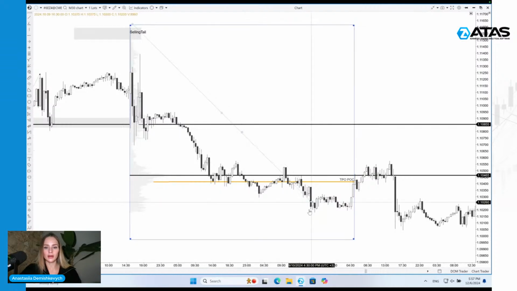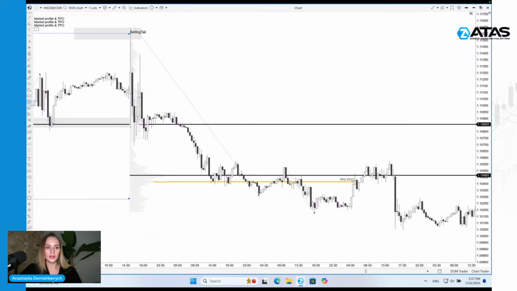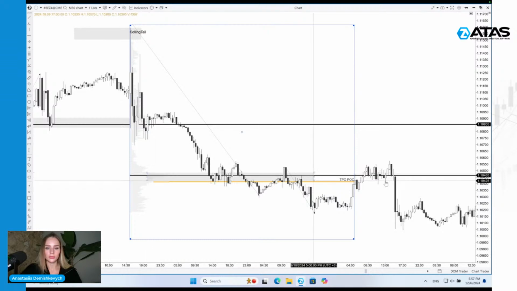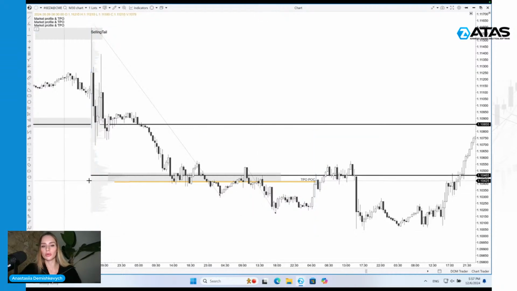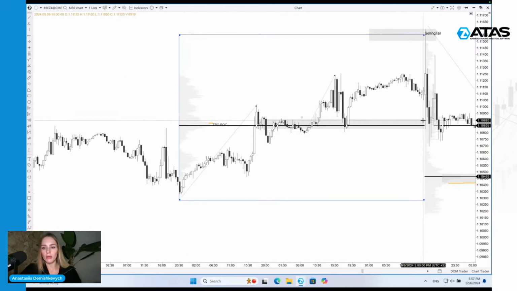So let's say here it was accumulation, and I want to see the price being here, below this high volume node. When the price is going down, I'm going to repeat it once again to make it clear: I want the price to be located below the high volume node. If the price is going up, I want to see the price being above this high volume node.